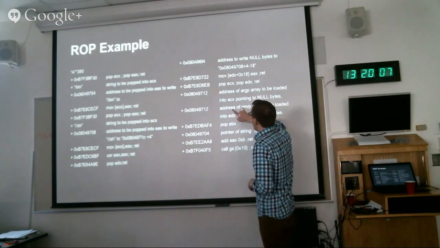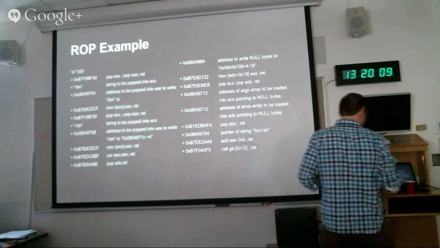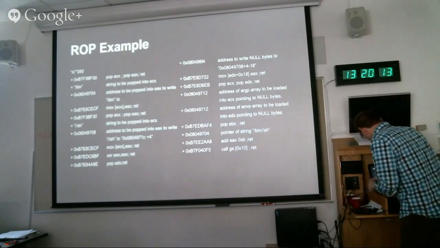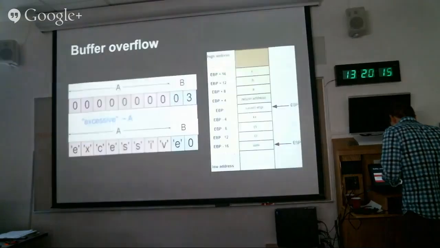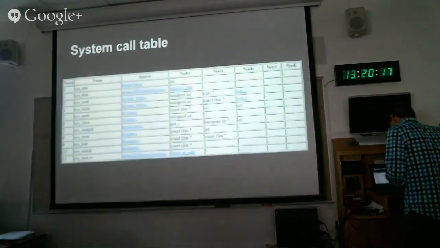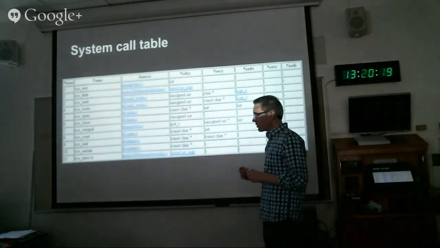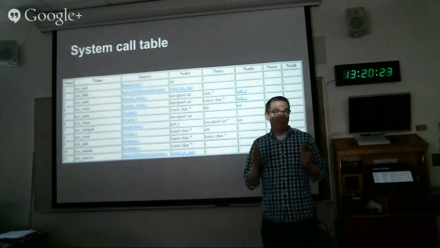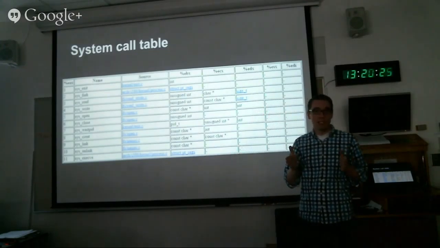Then I actually forgot to put this into the slides. Let me show you. Oh no, I did. I just forgot it's in here. So the command in C to spawn a shell is execve.